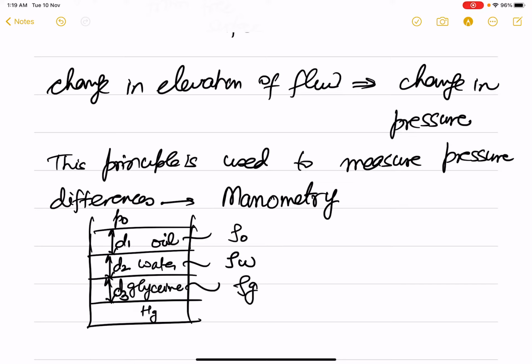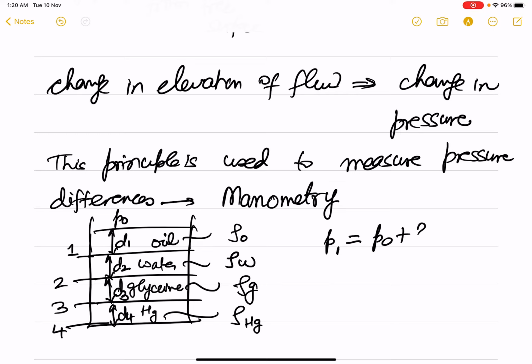Density of glycerin is rho g. This depth is d4. And this is rho Hg, the density of mercury. So now here, if this point is 1, this point is 2, this point is 3, and here at any level this point is 4, then P1, it should be very clear, will be equal to P0 plus rho oil g d1.